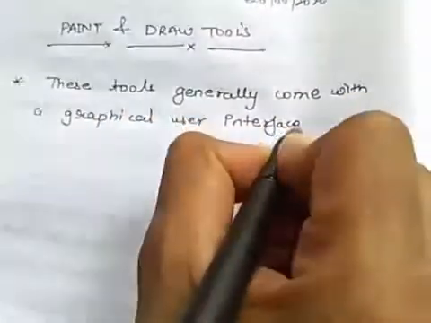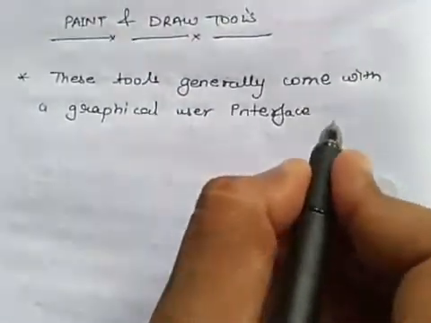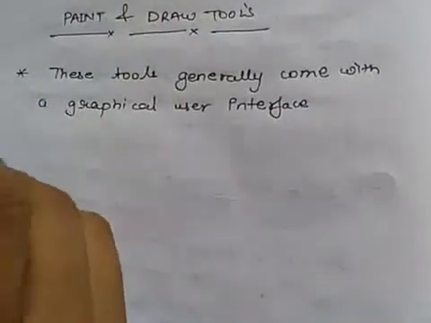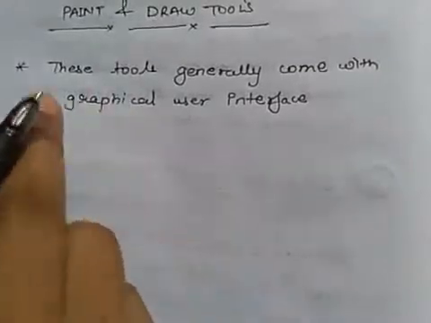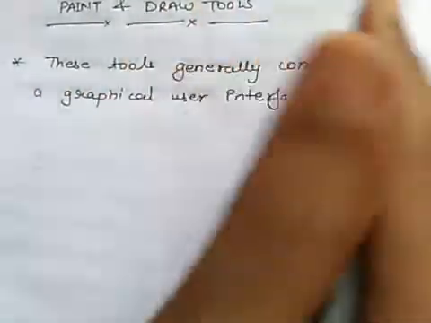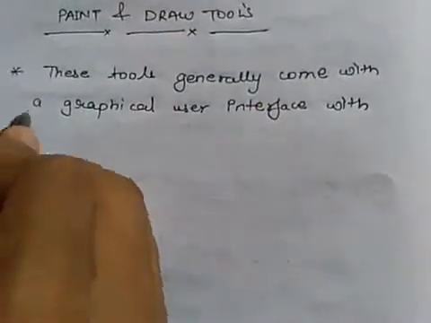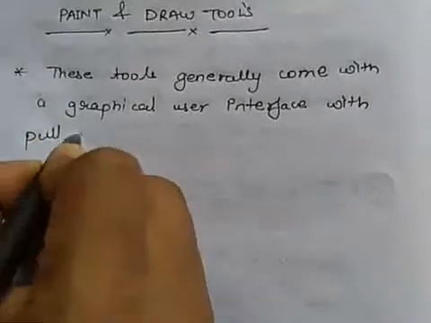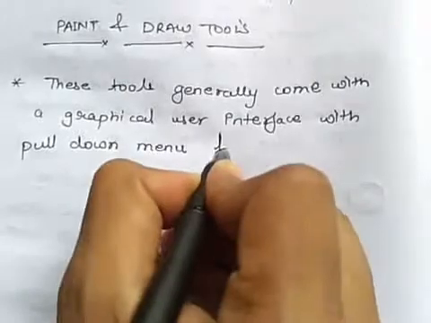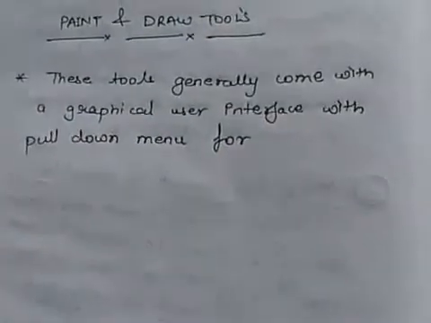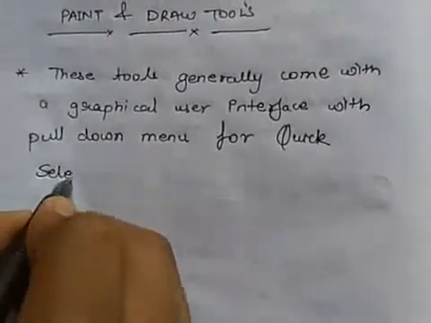As we know, we have different types of interfaces, like a CLI, the command line interface, with the help of which we interact with the system using commands, and a graphical user interface. In this interface we will get pull down menus for quick selection.